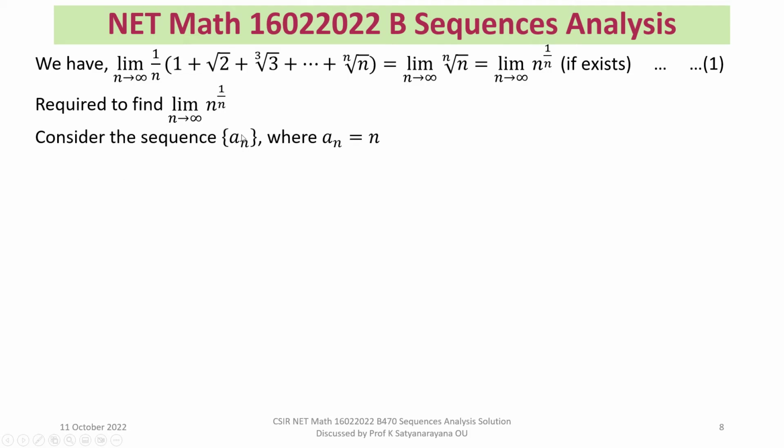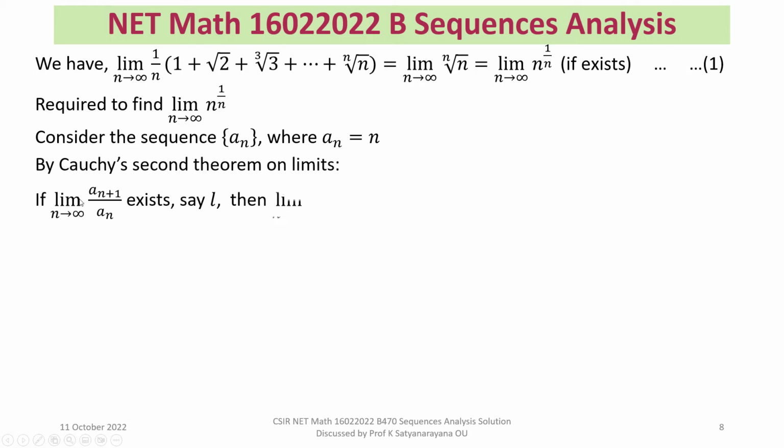Consider the sequence an where an is equal to n. By Cauchy's second theorem on limits, if limit n tends to infinity an plus 1 by an exists and is equal to L, then limit n tends to infinity an to the power of 1 by n exists and that limit is equal to L.